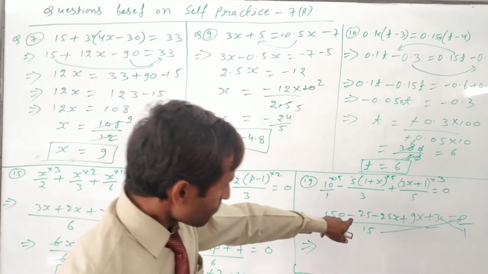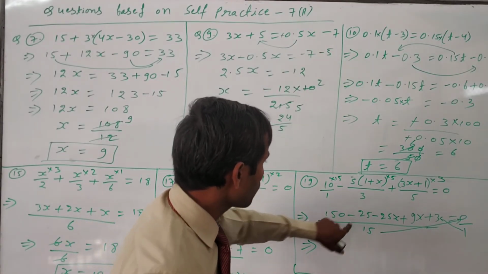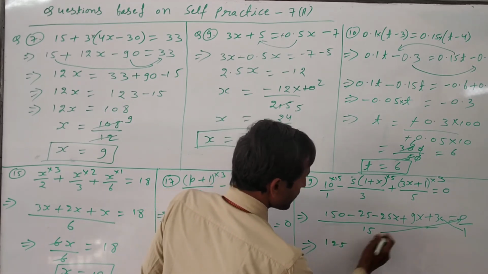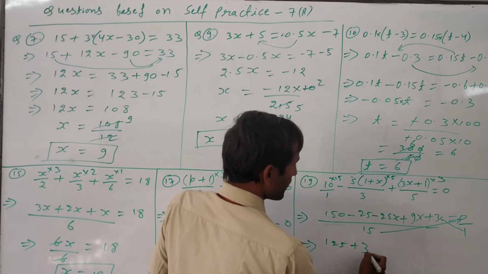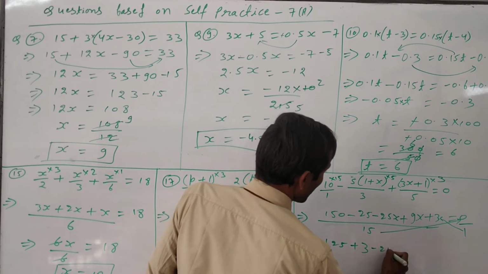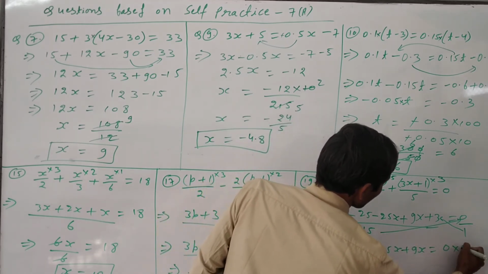So this one is a constant, so we can subtract directly. So we will subtract 150 minus 25, it will come 125, and one more constant is there, so plus 3, and then this one is a variable, minus 25x plus 9x is equal to 0 into 15, then it will come 0 only.